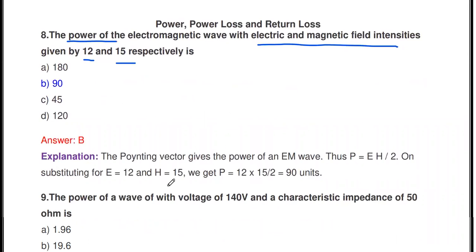The power is nothing but the Poynting vector, which gives the power of the electromagnetic wave. So the power equals E into H divided by 2. You just multiply the electric and magnetic field intensities and divide by 2. So 12 into 15 divided by 2, we get the answer 90. So the power of the electromagnetic wave is 90.